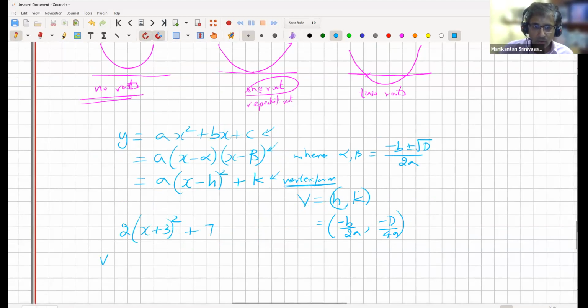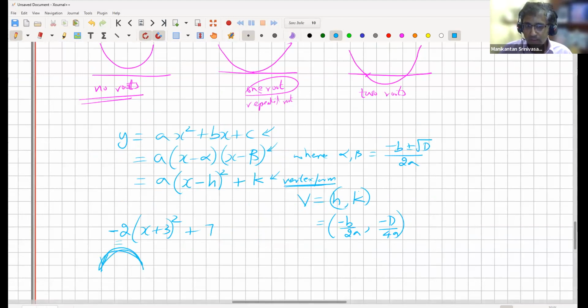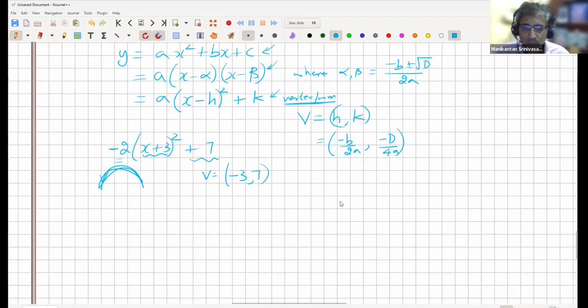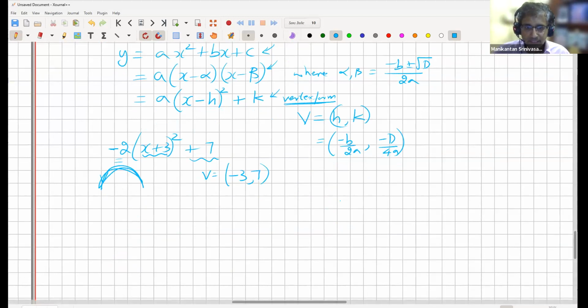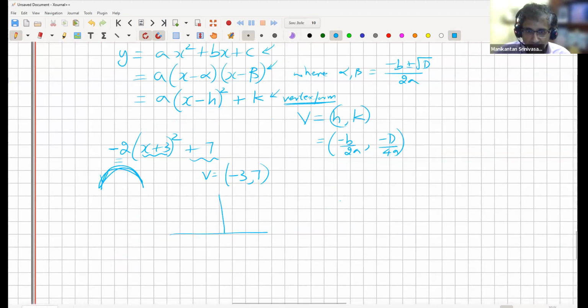So for example, if someone says 2 times x plus 3 whole square plus 7, that means it has a quadratic with a vertex. In fact, I'll put minus 2 times. It's an inverted quadratic because it's minus 2, right? And the vertex coordinates are x minus minus 3, right? Therefore, the x coordinate is minus 3, and the y coordinate is whatever is outside here. So minus 3 comma 7 is the vertex.